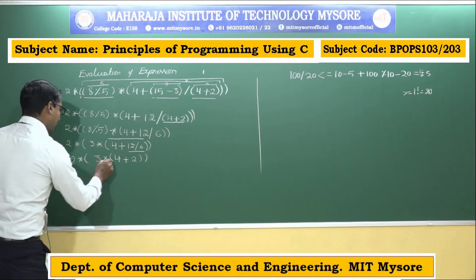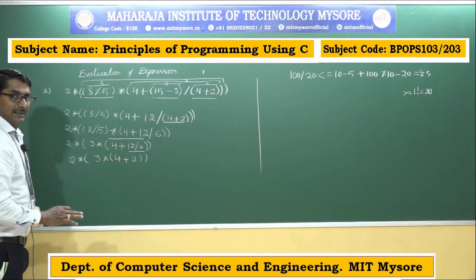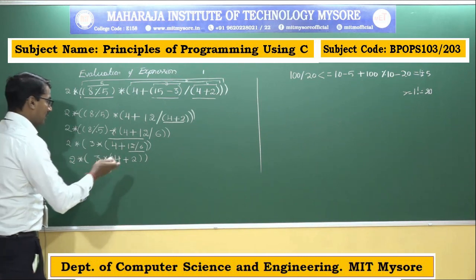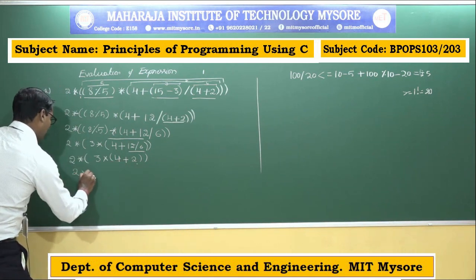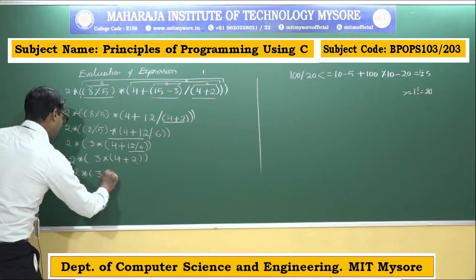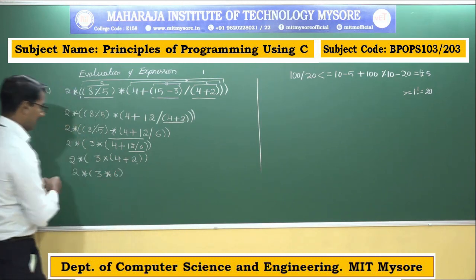Next is 2 into 3 into 4 plus 2, which is 6, close bracket.